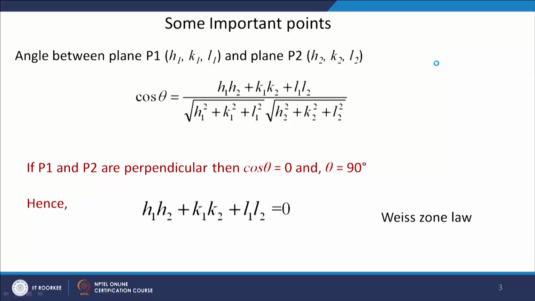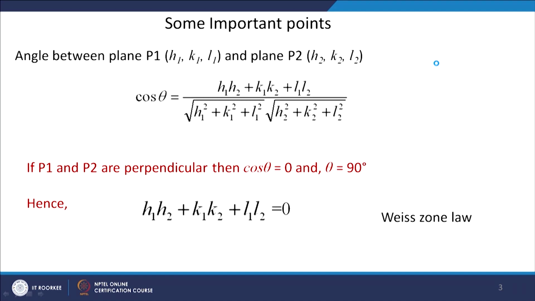Mathematically, we can understand this as the dot product of P1 and P2 should be 0. If P1 has the indexing H1 K1 L1 and P2 has indexing H2 K2 L2, and they have a 90 degree angular relationship, then the dot product should be 0. That is what is shown here also.